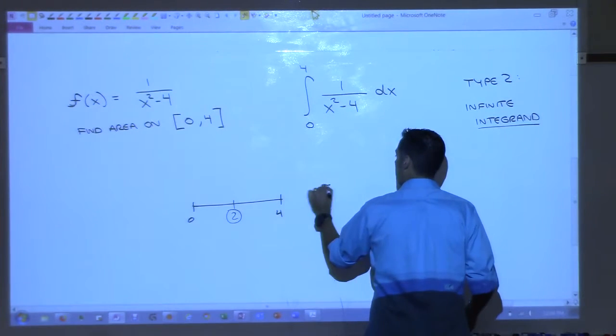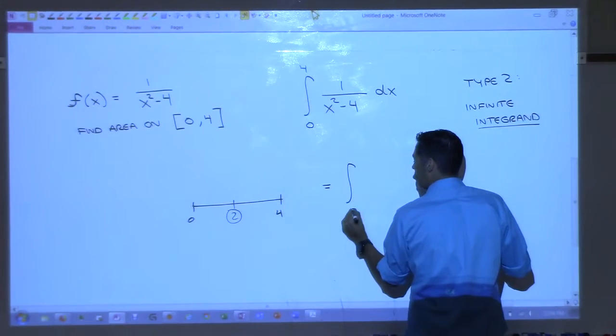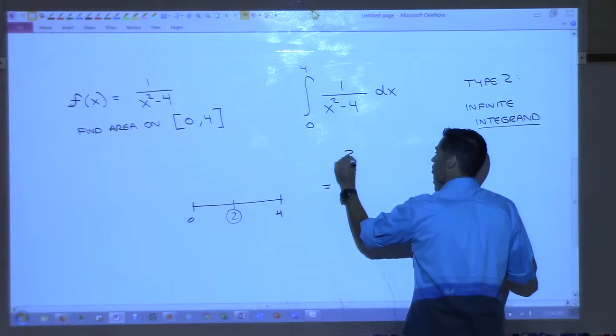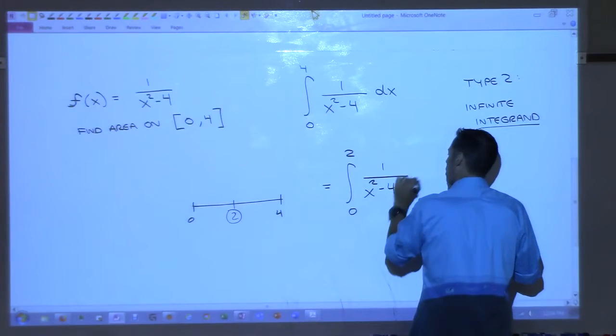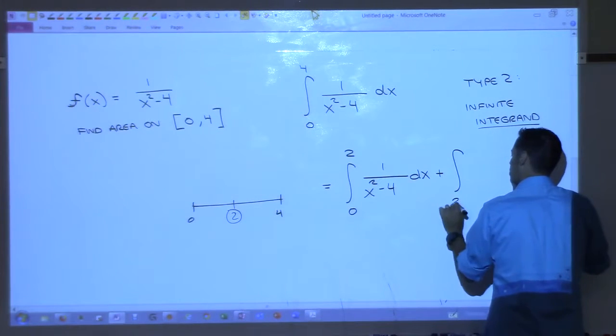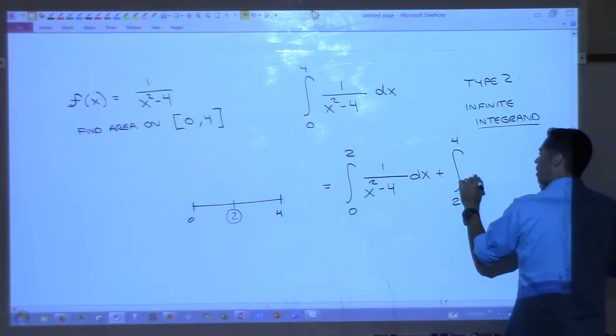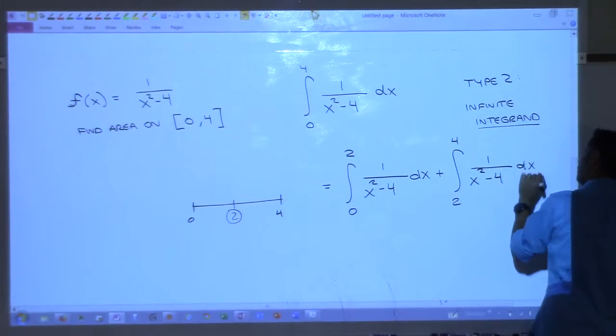This is going to become the integral from 0 to 2 of 1 over x squared minus 4 dx, plus the integral from 2 to 4 of 1 over x squared minus 4 dx.